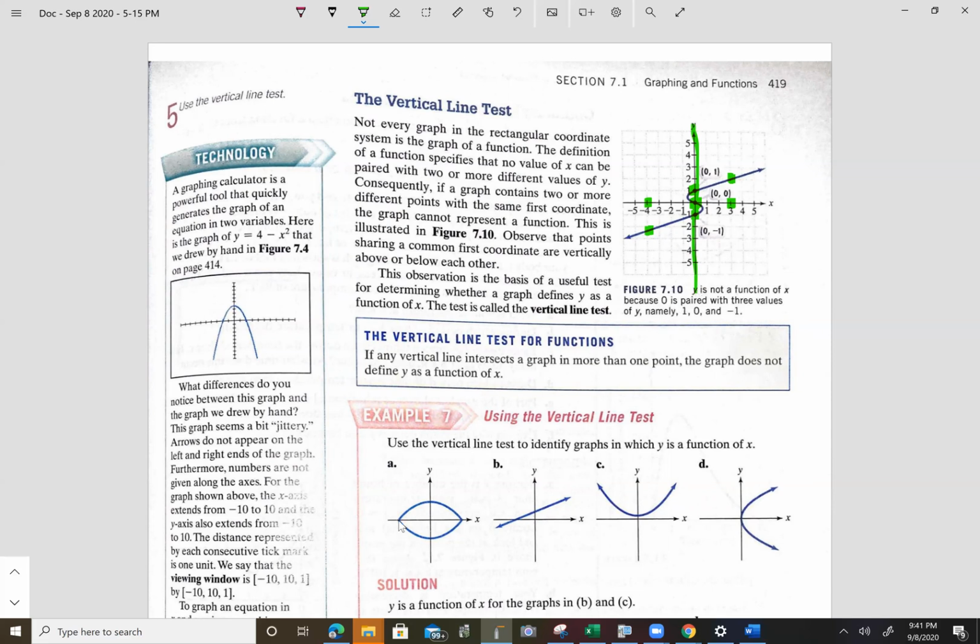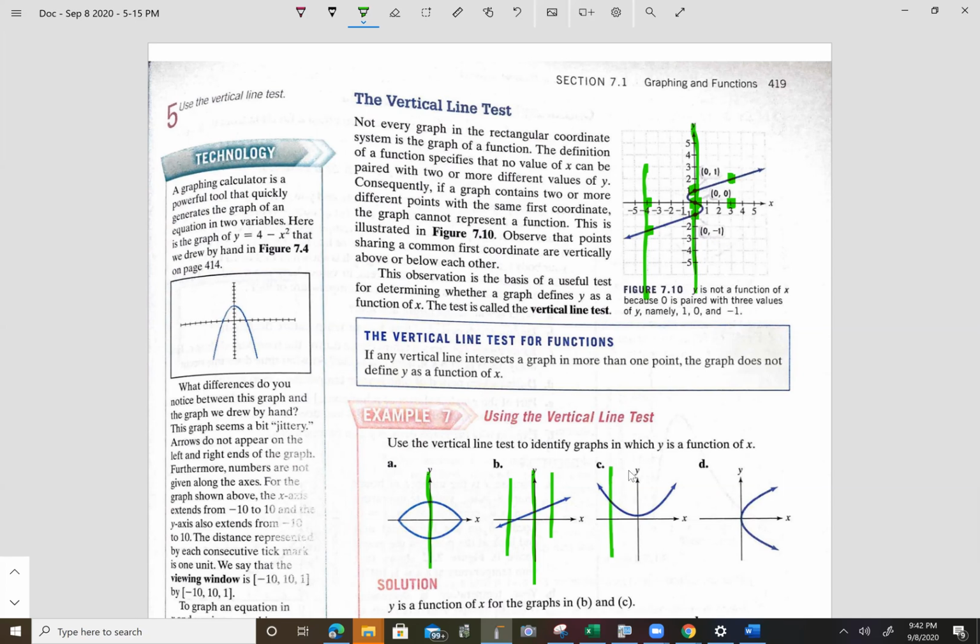Okay, so if you look down here, you can tell for A, it crosses twice, not a function. You can tell for B, only crosses once, and yet check a couple of places. Because remember up here, if we would have just used -4, it only crosses once, right? We would have been like, oh, it's a function. Nope, you have to check multiple places.